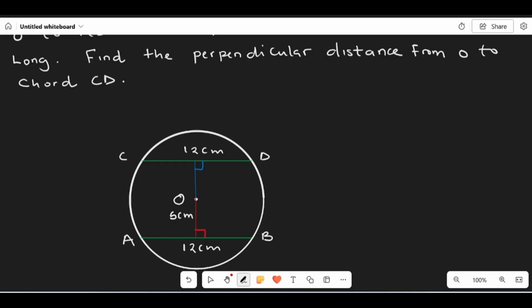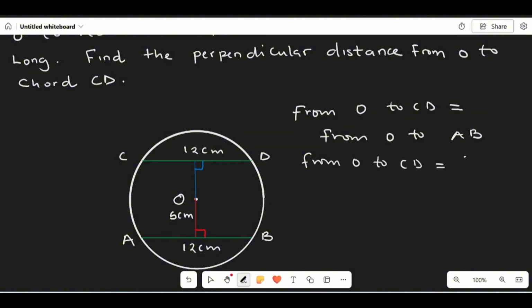So our distance from O to CD is equal to from O to AB, and from O to AB is 5 cm. So our distance from O to CD equal to 5 cm.